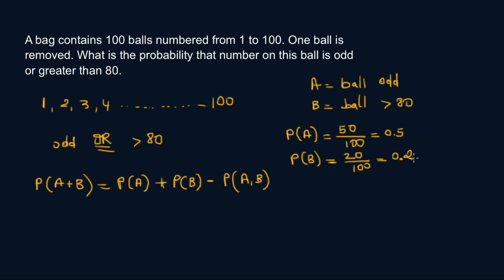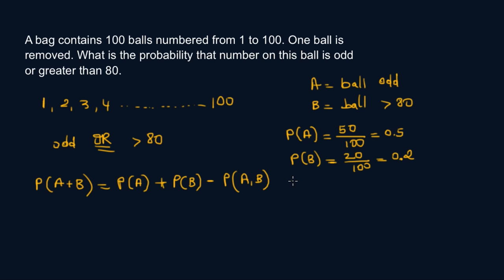So we have 20 numbers. Half of the numbers are odd and half are even. So if we count the number of odd balls between 180 and 200, that'll be 10, right?